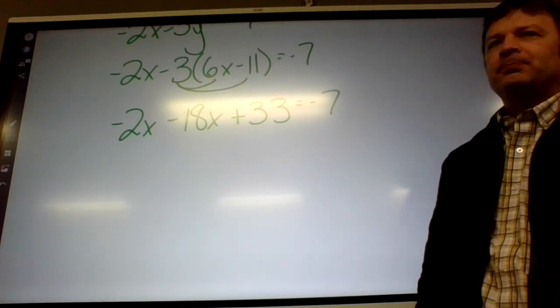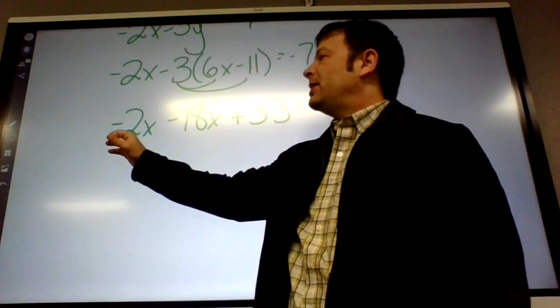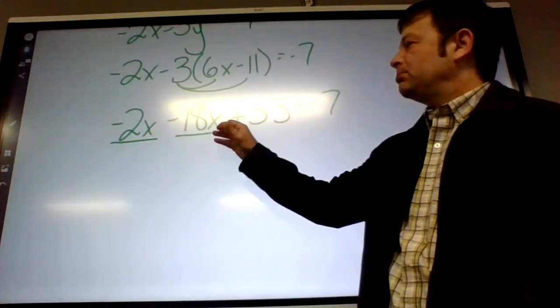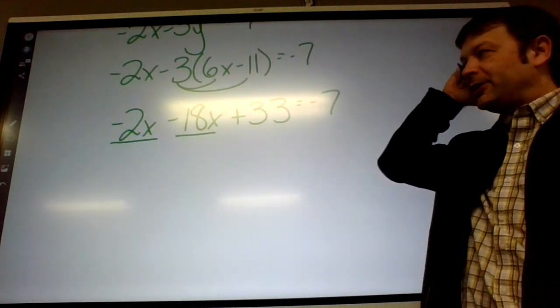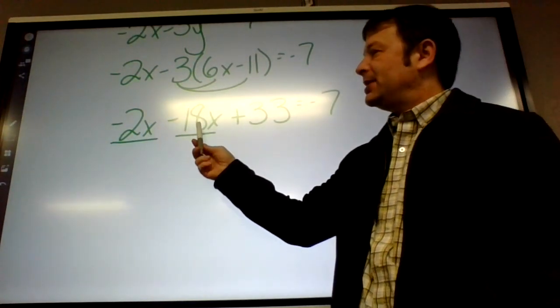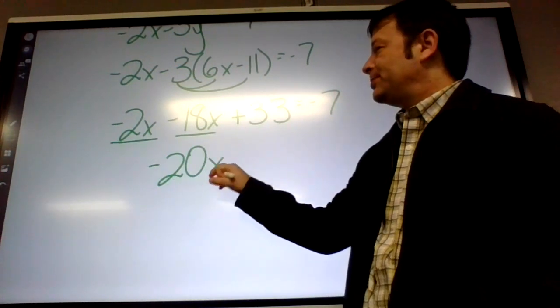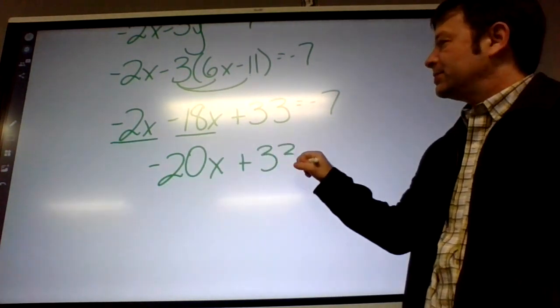Now what can I do? Usually I clean up, the book calls it simplify, both sides if I can. Negative 2x minus 18x is negative 20x. You could have subtracted 33 first.